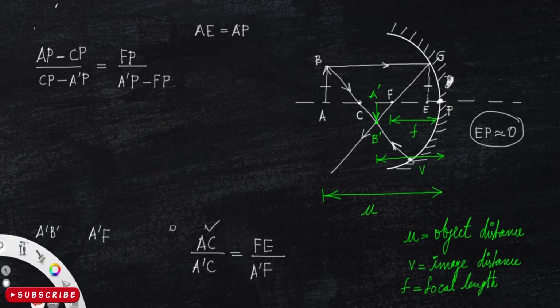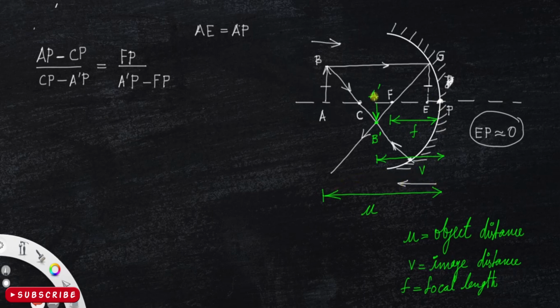Now, we have to consider the Cartesian system, that is, the light is actually moving in this way. Okay. And all the measurements are taken from the pole, in this direction.